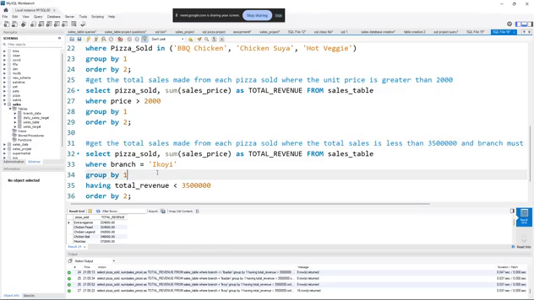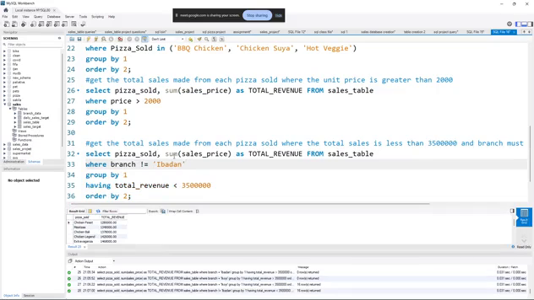So where the branch is not Ibadan. Let me use not Ibadan that I used before. Now I didn't use the greater than and less than sign.